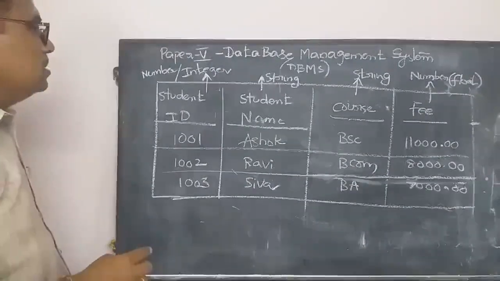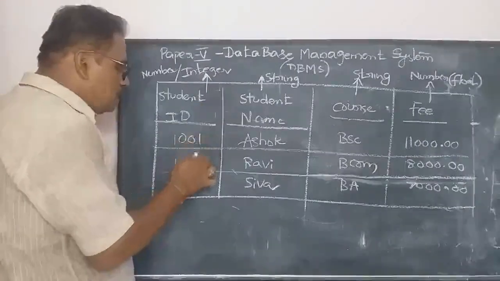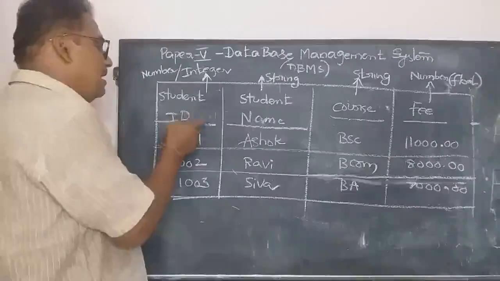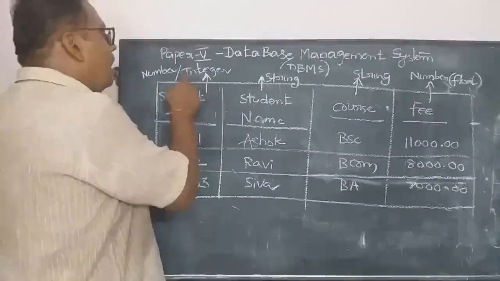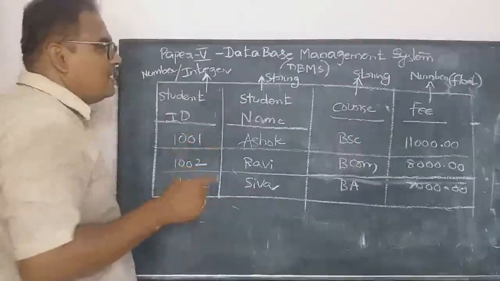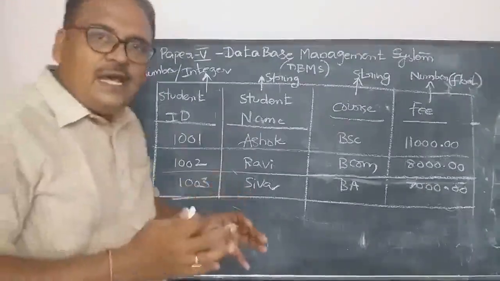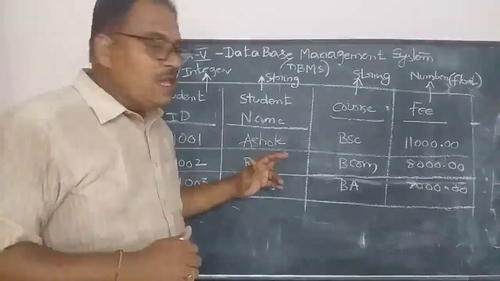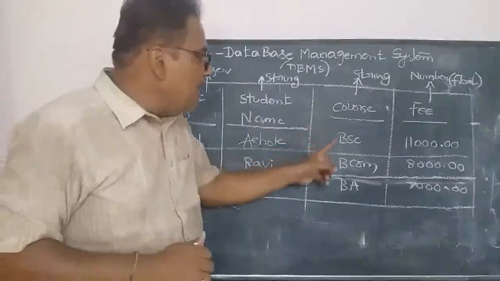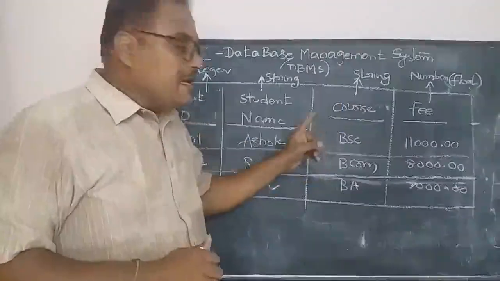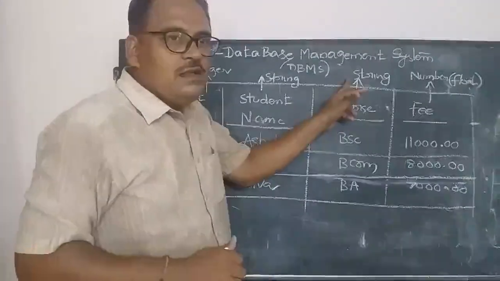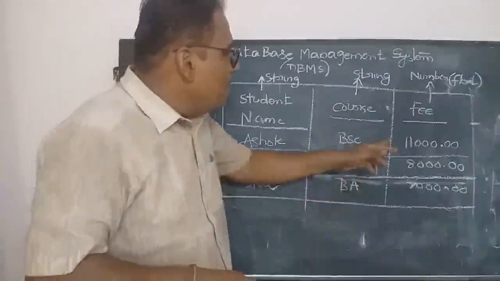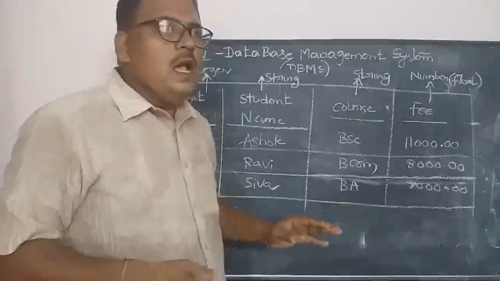The data of student ID is 1001, 1002, 1003, and the characteristic of that data is integer or number. So here metadata explains what type of data is stored in a field. Student name is a string, and course is also a string. So metadata or data dictionary gives you information about the data. Fee is float type data.